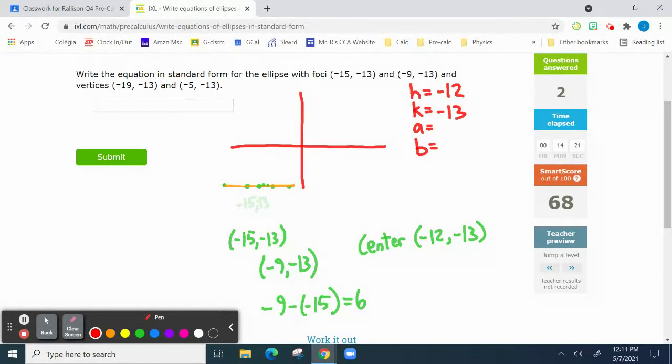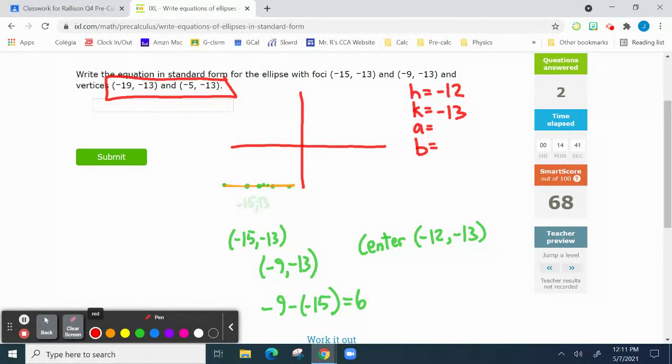And now we need our a and our b. So the a is the major axis, right? And we already know what the major axis is. So finding our a is pretty easy because we're looking at these vertices right here, and they're on the line y equals negative 13.